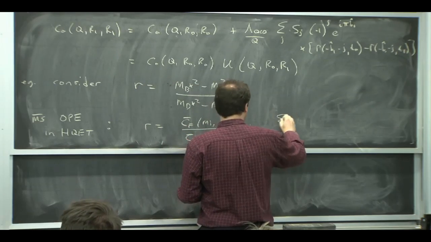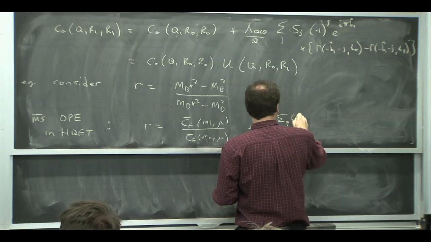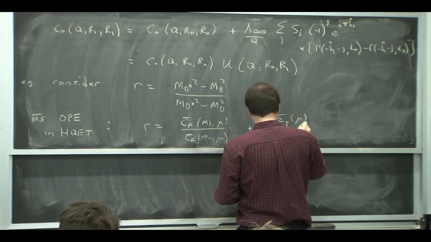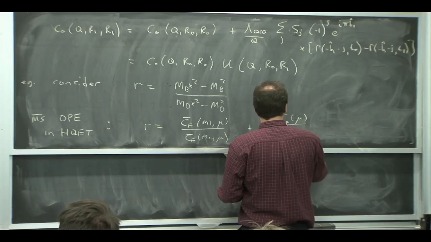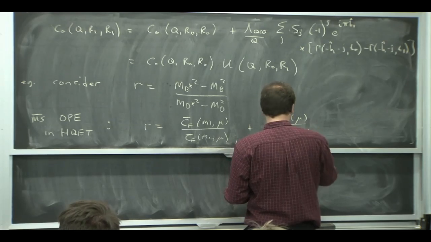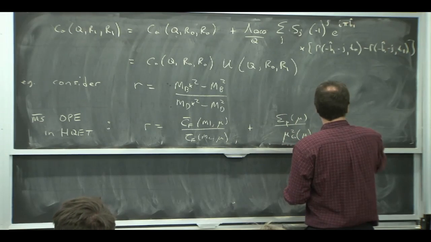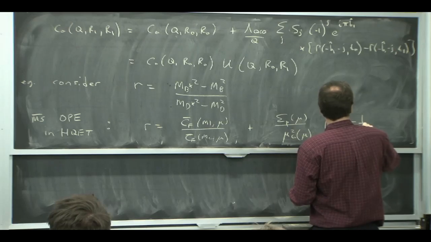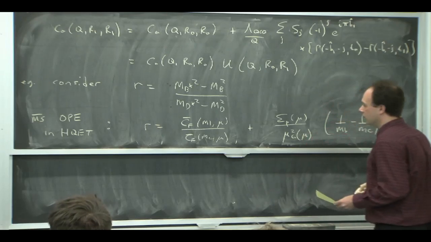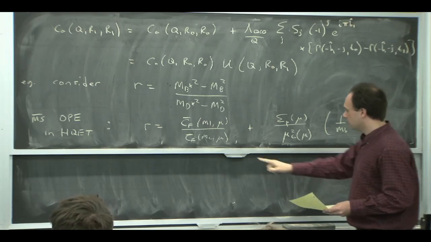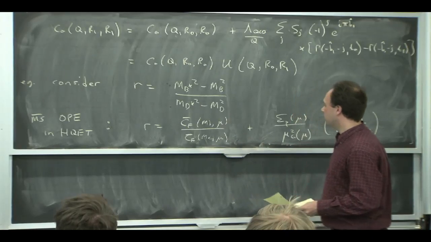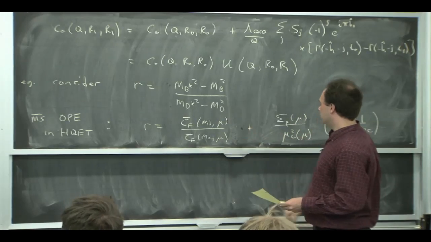And if you were to look at higher order terms in that OPE, there would be some power corrections to that. They've got some traditional names. The names are not too important. But this is like the analog of the 1 over Q term. Okay, this is the 1 over Q term. This is the leading order term, which is purely perturbative. There's no matrix element here. It's just 1.